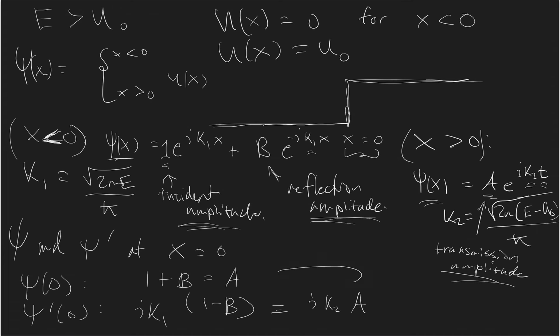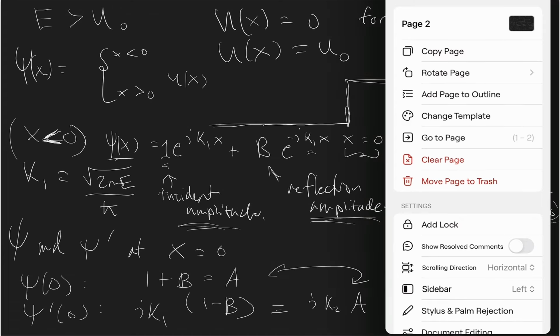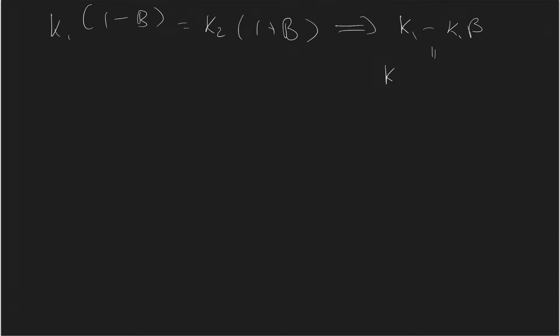And so when we substitute the first equation into this one, let's clear the page. We're going to have k1 times 1 minus b is equal to k2 times 1 plus b. What we can then have is k1 minus k1b is equal to k2 plus k2b.